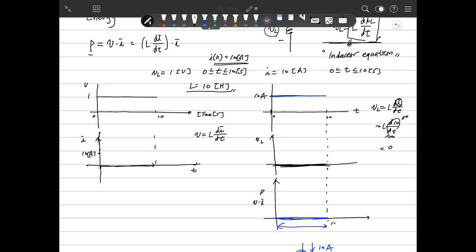Because V for this period from 0 to 10 is 1 volt, it is 10 dI/dt. So what is the meaning of this? dI/dt is 0.1, so the current is increasing at a rate of 0.1 ampere per second. That means in 1 second the current increases by 0.1 ampere.